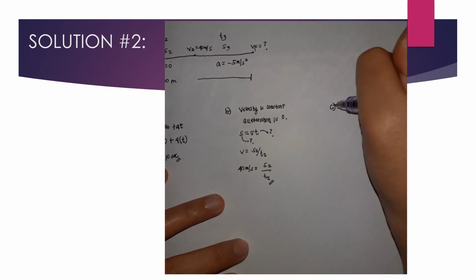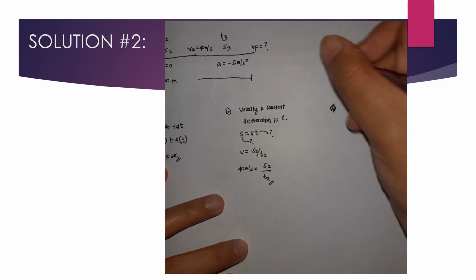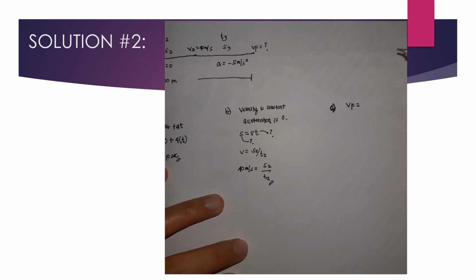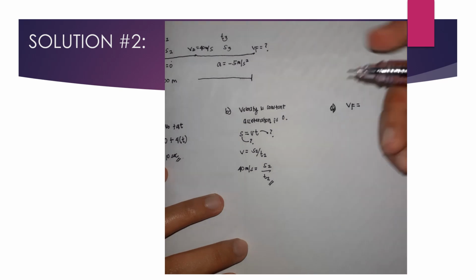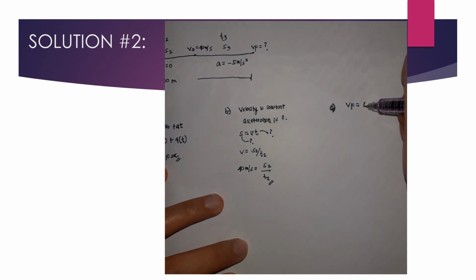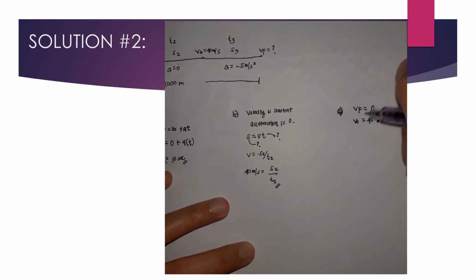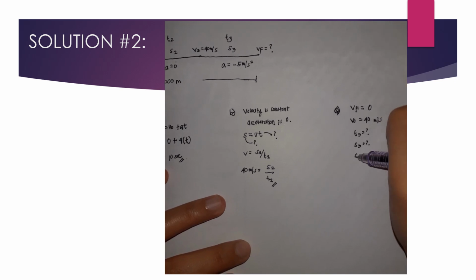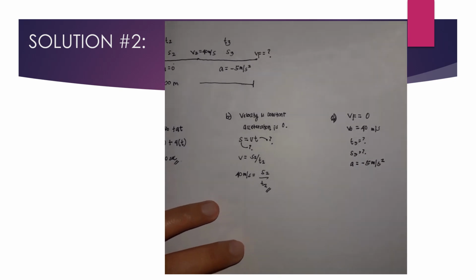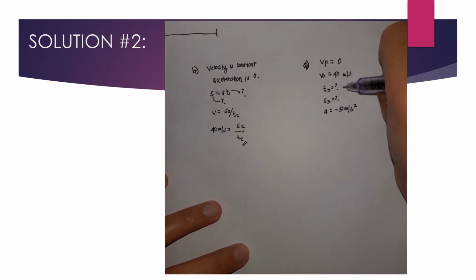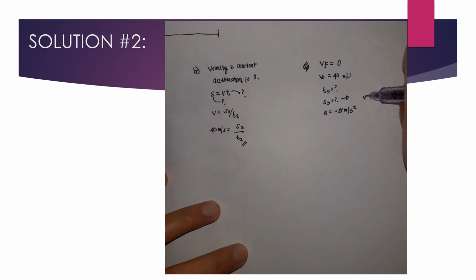So moving to this final part of the diagram, we can solve for our S3 and our T3. Using again this formula, our final velocity is not stated, therefore it is 0, and our initial velocity will be 40 meters per second. Our acceleration is a deceleration of -5 meters per second squared.